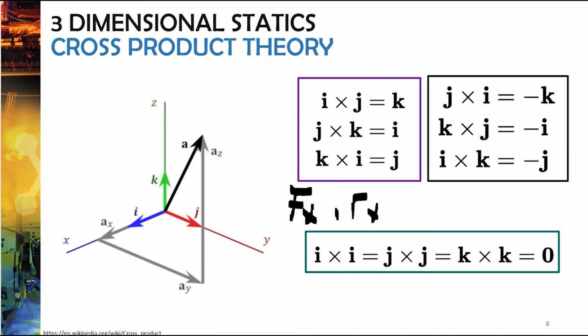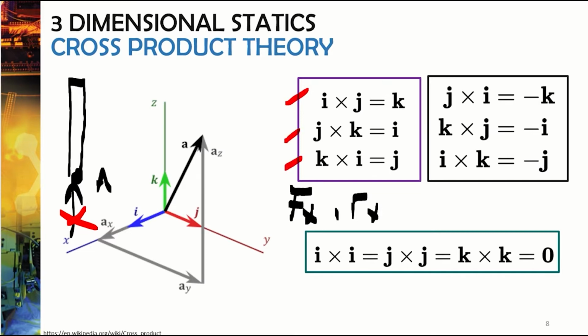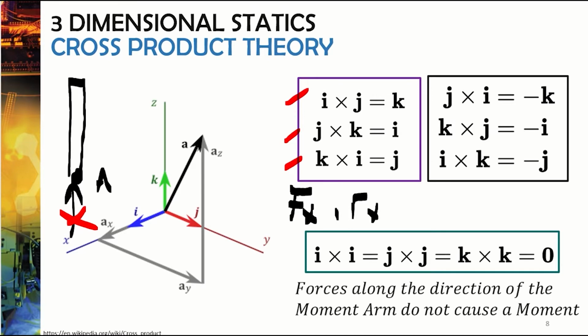So for example, if we had this point right here, and we had a beam coming off of that point like that, if we had a force right here going into that point, and we were summing the moments about A, this force here would not count because it goes through that point. So the cross product only works for things that are perpendicular, which is why we're doing, in this case, x and y, y and z, or z and x. So forces along the direction of the moment arm do not cause a moment, which is why that bottom box is true.